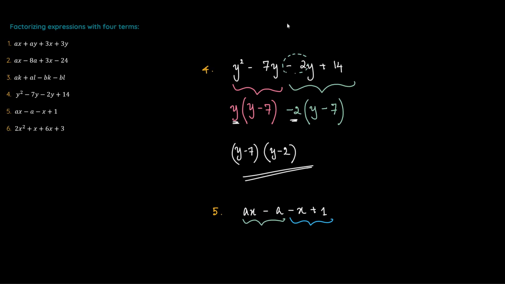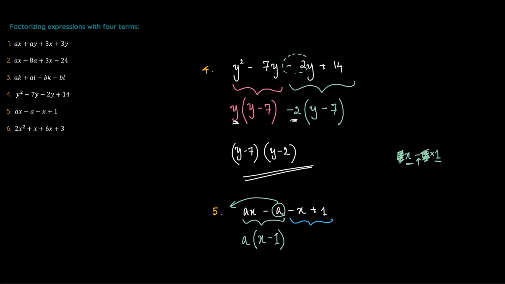Now if you observe the first pair, there is a as a common factor, so I can take a outside, and I will have x minus, if you take this a out when there is nothing, that means there is a 1, because ax minus a is the same as saying ax minus a times 1. So now if you were to take the a out, what remains is x minus 1, right? So that's x minus 1.